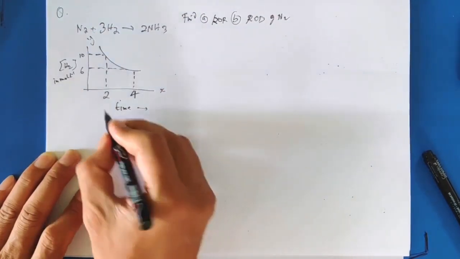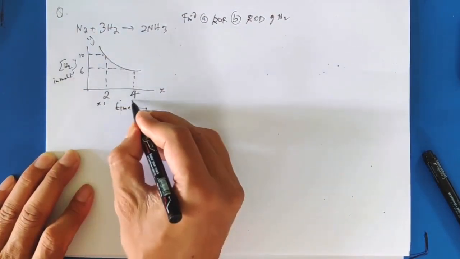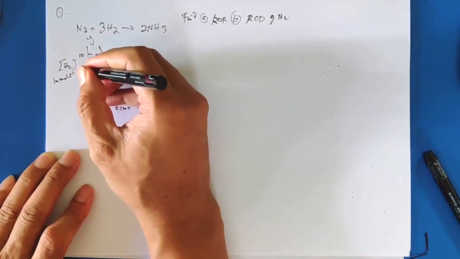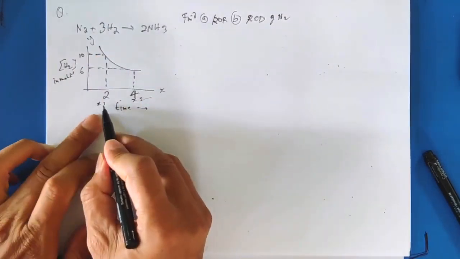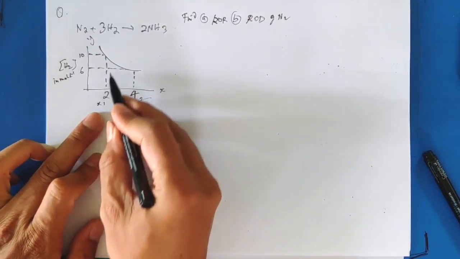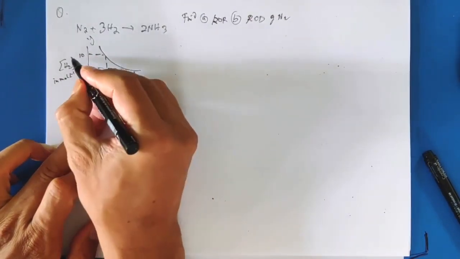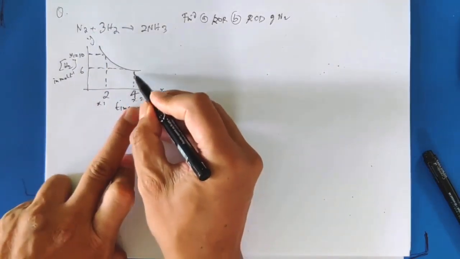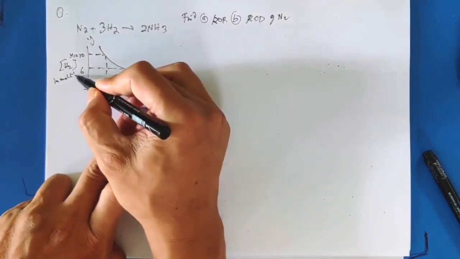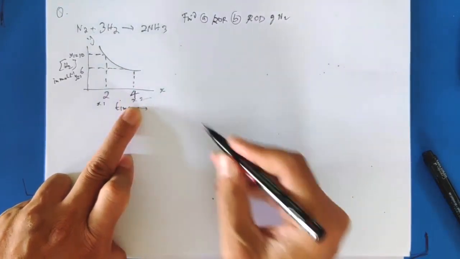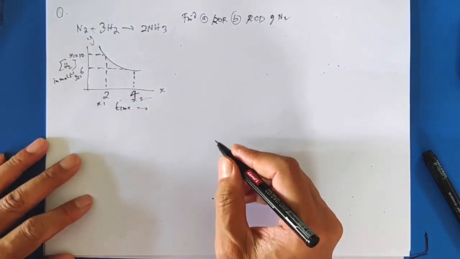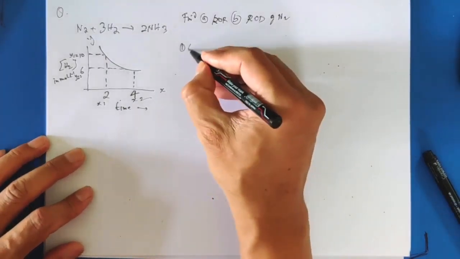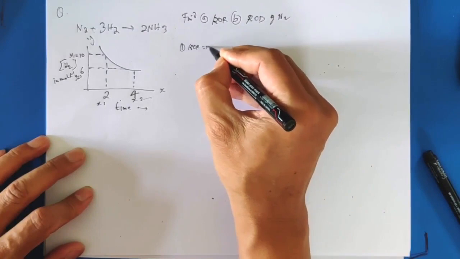Now, this is x1, this is x2, this is y1. The x1 is 2 here, and its counterpart is y1. x2 is 4, and its counterpart on the y-axis is 6, which is y2. So now find the rate of reaction, the average rate.